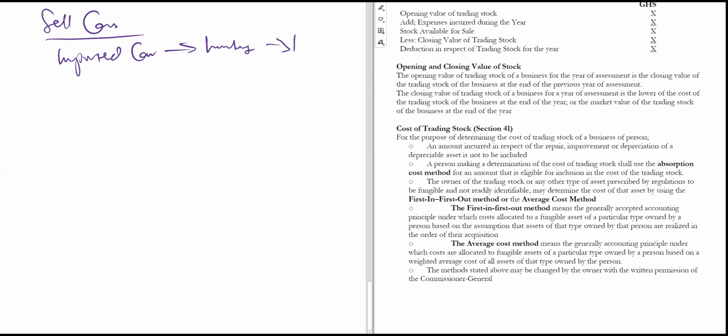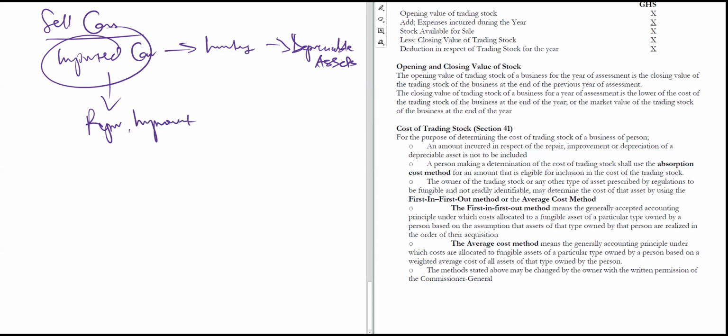But however, it is a depreciable asset in nature, right? True or false? Now, when you have to repair this car before you sell, you shall not include the cost of the repair, the improvement, or depreciation into this asset for tax purposes.